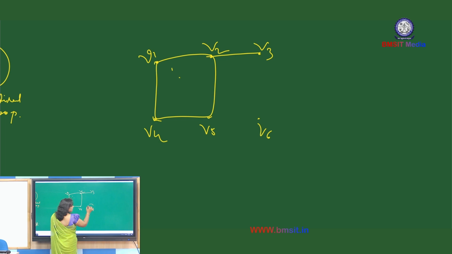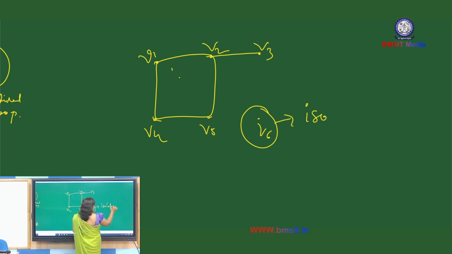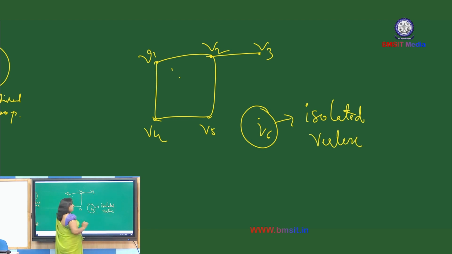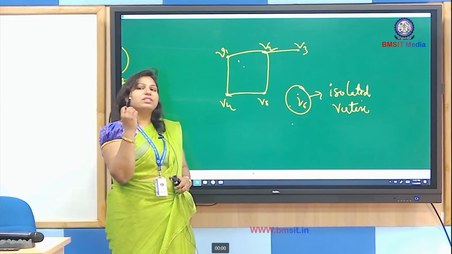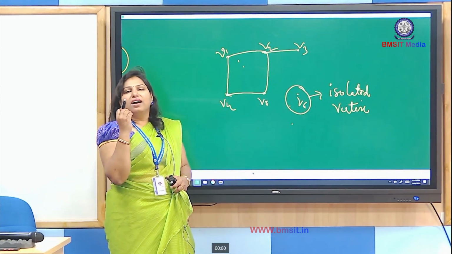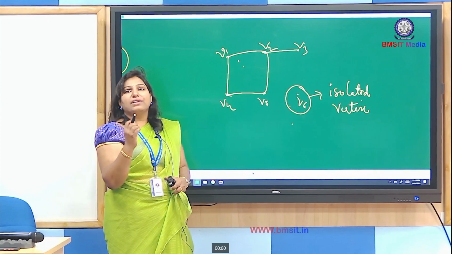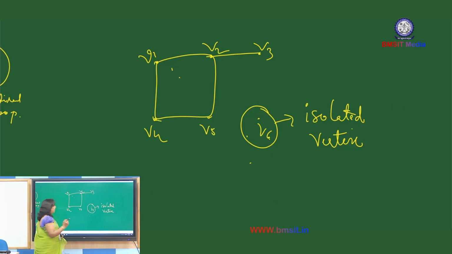Such a point, I call it an isolated vertex. Why is this called an isolated vertex? In the diagram, this point does not have an initial point or connect to any of the terminal points. Such a vertex we call an isolated vertex.